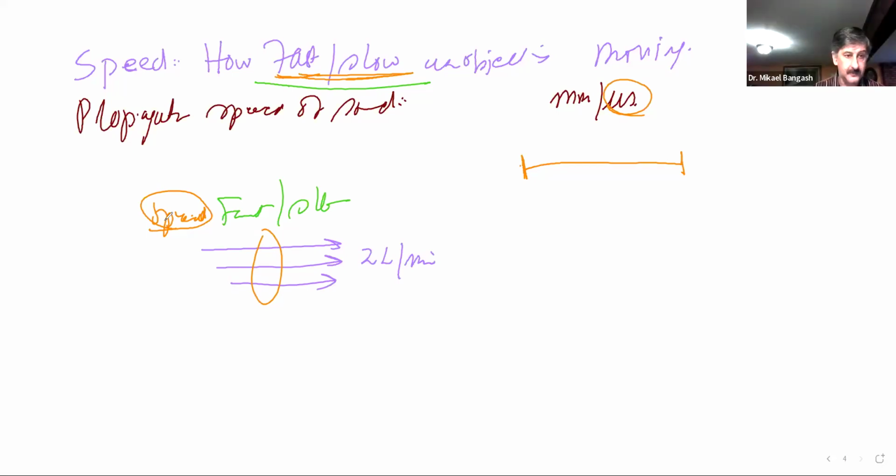Now our question is going to be speed versus velocity.